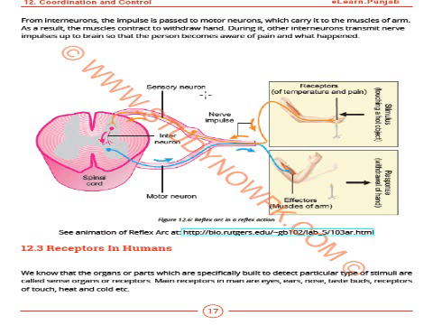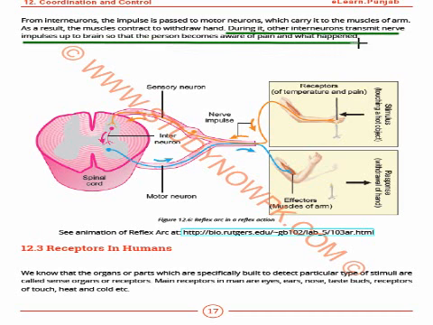During it, other interneurons transmit nerve impulses up to the brain, so the person becomes aware of the pain and what happened. This point is also very important: the brain is not unaware.